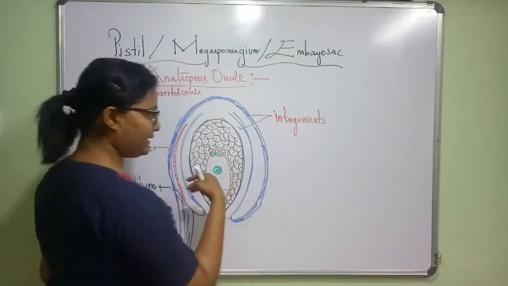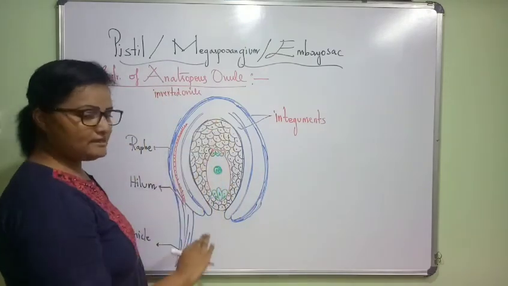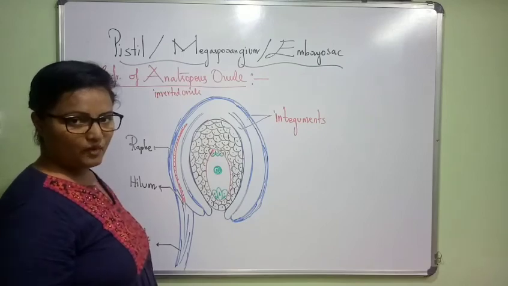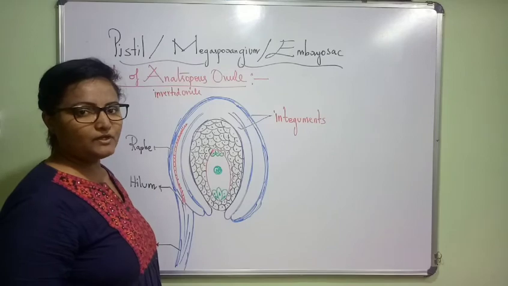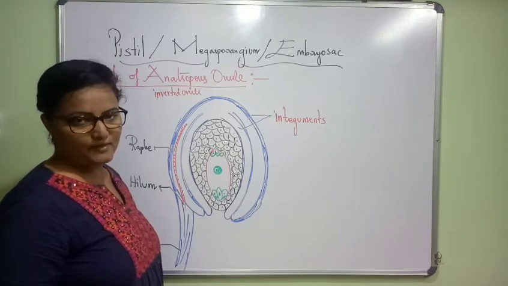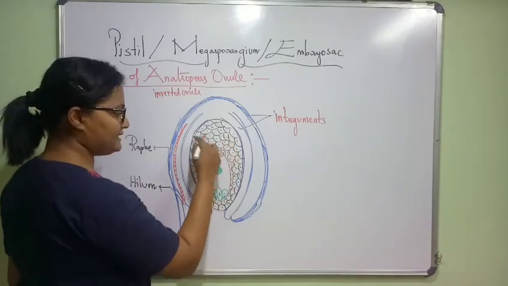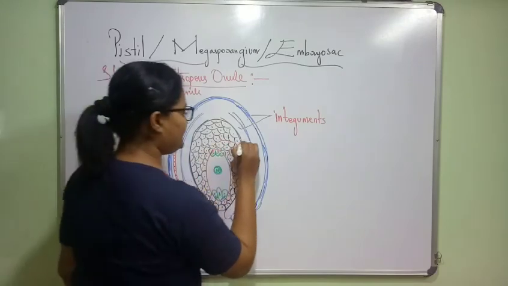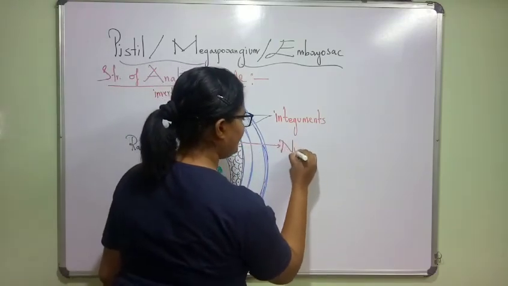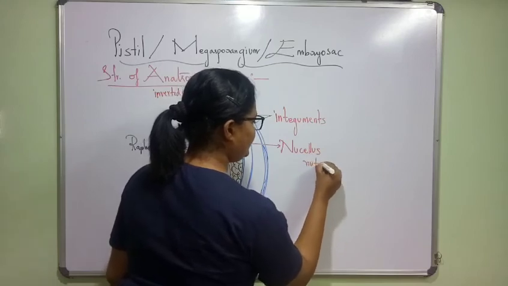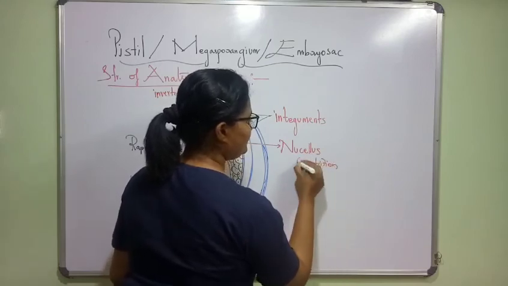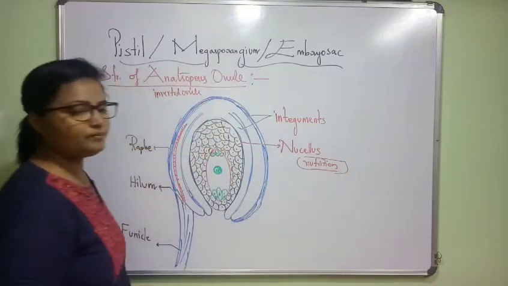Next to the integument there are parenchymatous, uninucleated cells. This parenchymatous portion we call the nucellus, which in turn gives nutrition to the developing embryo.